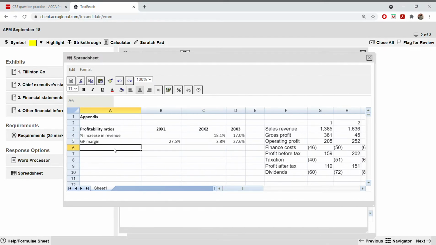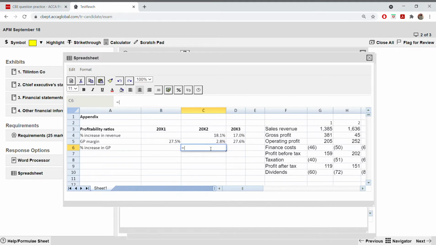Next, we have percentage increase in gross profit. This also. Whenever percentage increase comes, for the first year it's blank. Go to the second year.